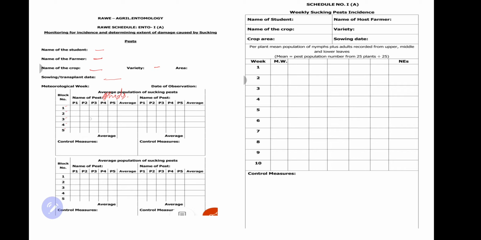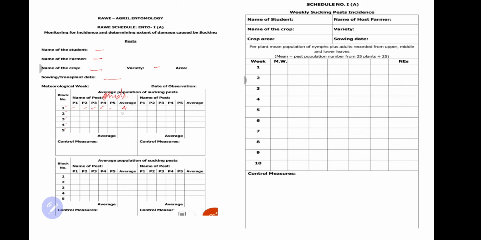From these plants, collect the number of aphids, the population from plant number 1, plant number 2, plant number 3, 4 and 5, and make its average here. So this will be average 1.